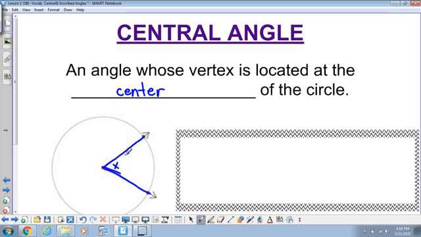Well, the central angle creates a part of the circle out here that's called its intercepted arc. And that would be this portion of the outside of the circle here. It's called its intercepted arc.